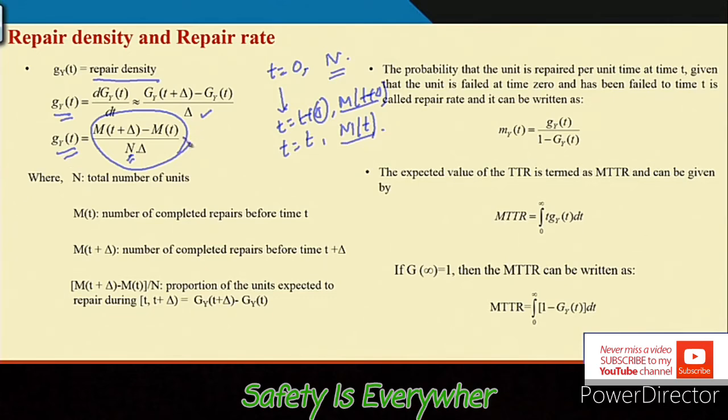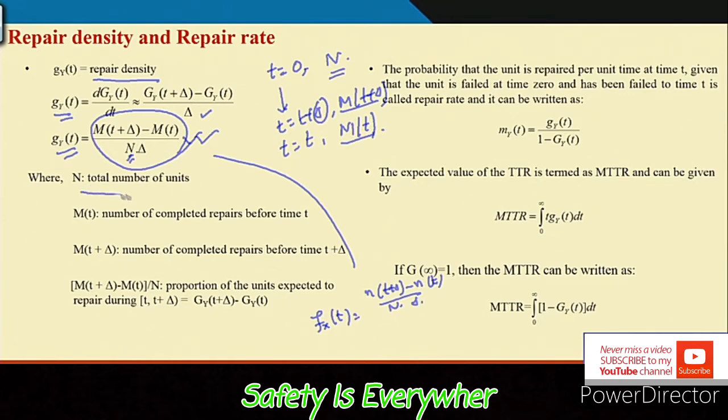So, repair density in terms of experimental data. If you recall the failure density, what did we write there? We wrote f(t) equal to n(t plus delta) minus n(t), divided by capital N into delta. This you have seen in the earlier lecture. Okay.